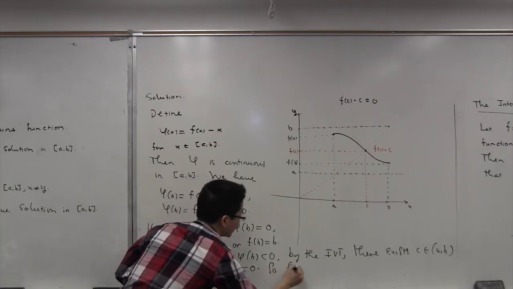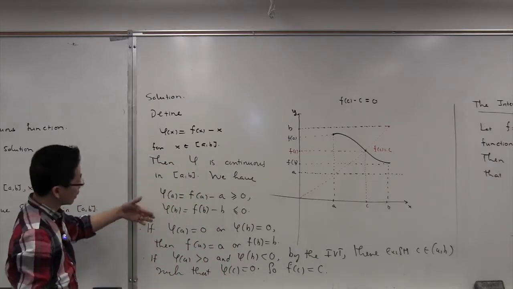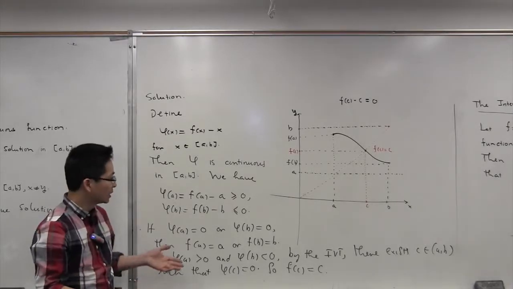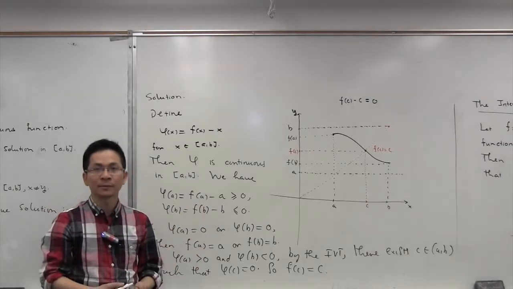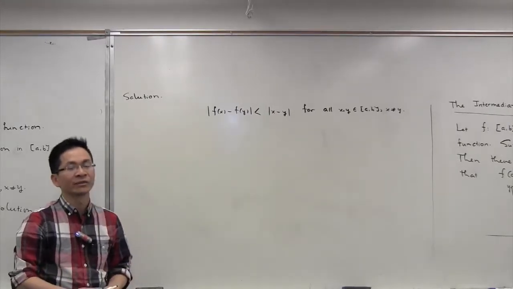So f of C is equal to C. So as you can see here, the equation f of x equals x always has a solution in the interval AB. Now we are going to work on the second part of the problem.